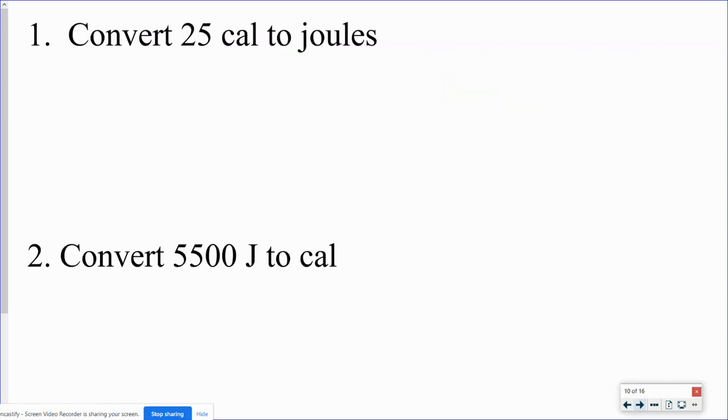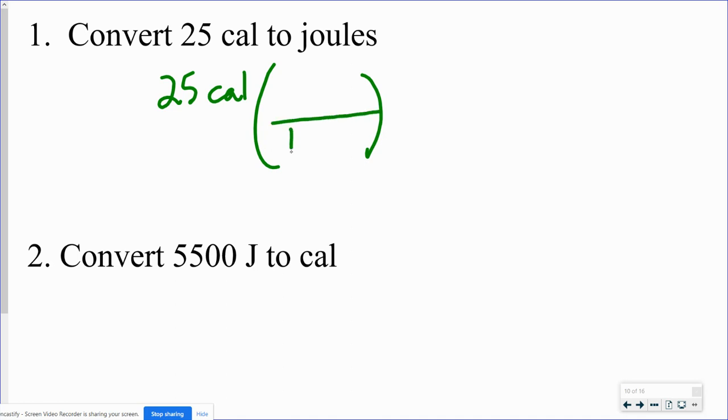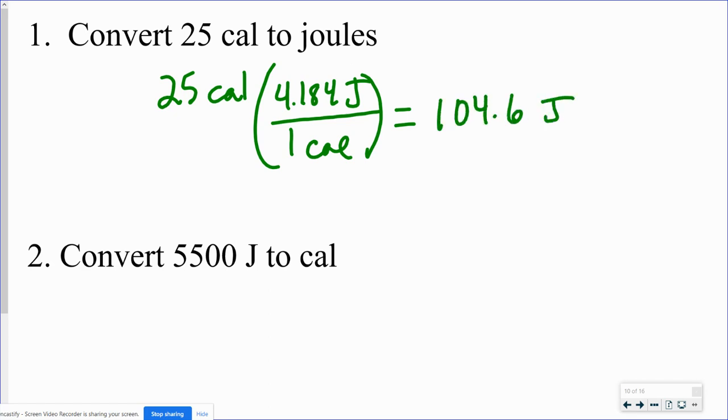So in your conversions, if you're going to convert 25 calories to joules, 25 calories, and then our conversion is that 1 calorie is 4.184 joules. And we would just multiply 25 times 4.184, which comes out to be 104.6 joules.